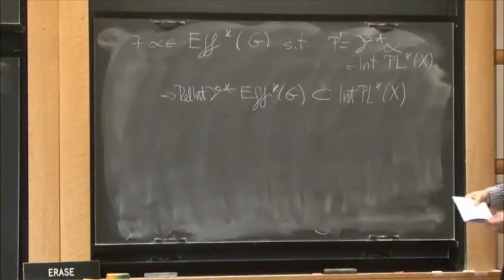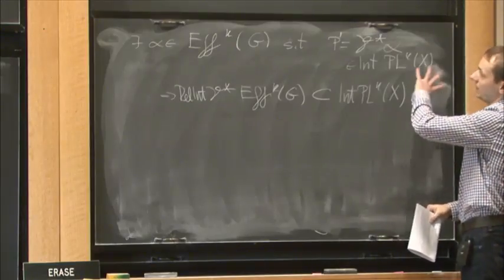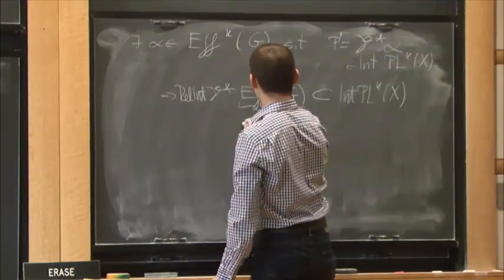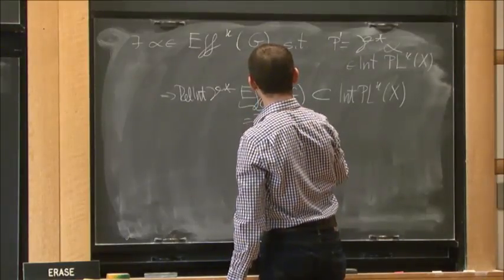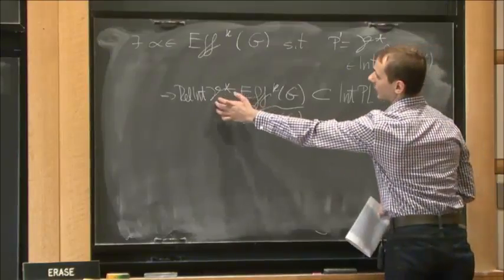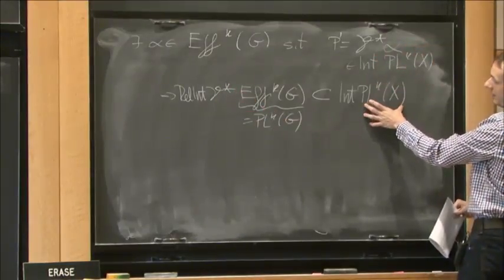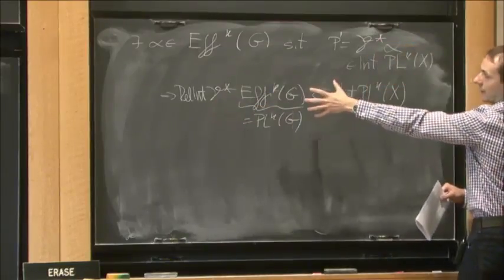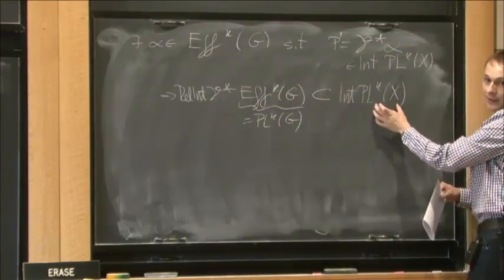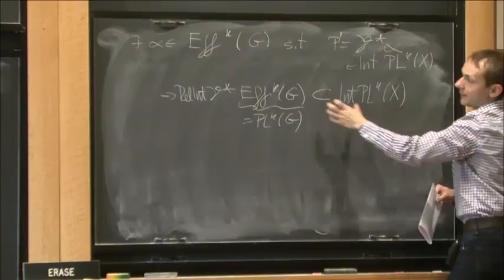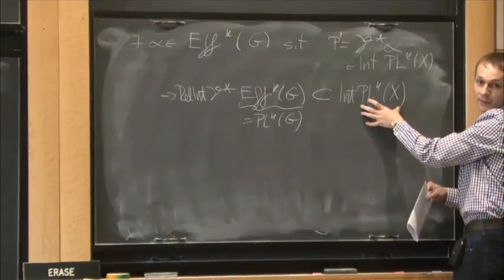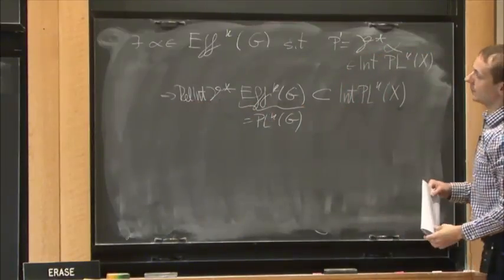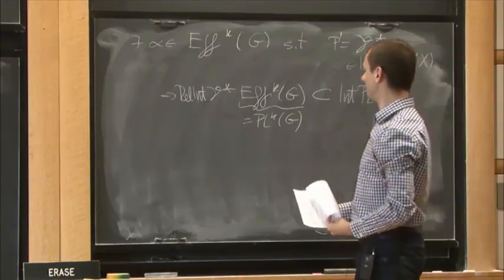So I have a cone that I know coincides with the Pliant cone of G. So when I pull it back through gamma, I obviously get something in the Pliant cone of X. But I know that this cone, when I pull it back, contains an interior class here. So that implies that the entire interior is mapped to the interior of this. The entire relative interior, because it may have smaller dimension.